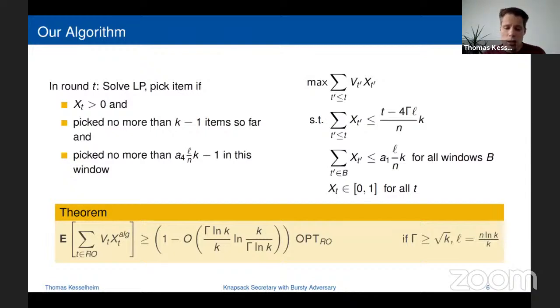But if you're talking about Matroids, it is a good question whether there is a generalization of this multiple choice secretary problem also to Matroid constraints.